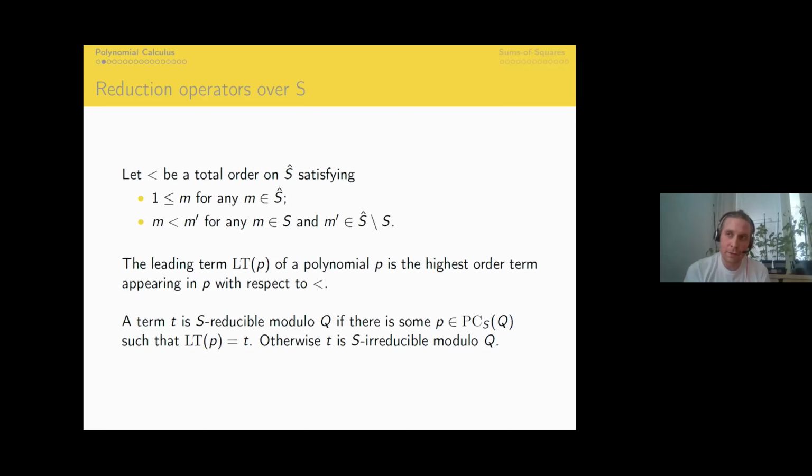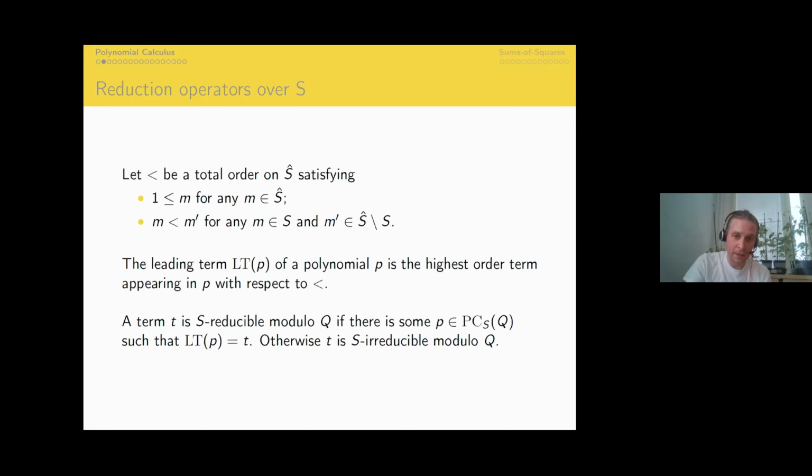Not necessarily, if X times M is also in S. What is sufficient is that if I have some M prime that is in S hat but not in S, it comes after everything in S. Okay.